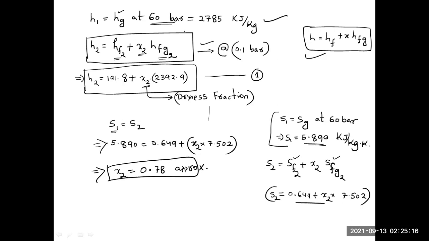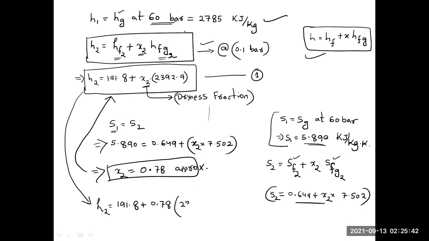Now once we got this X2 value, we will put it in this equation. From this equation we can calculate the value of H2. Okay, so H2 equal to 191.8 plus, in place of X2 we will write 0.78 into 2392.9.